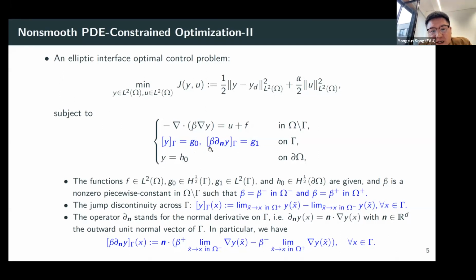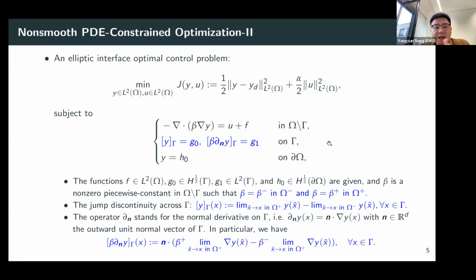We note here that if g0 and g1 are zeros, the solution is still non-smooth, because of the last line, the definition of the jump of normal derivatives. If g1 is 0, the normal derivative on different sides of the interface is still different. Sorry, there's a typo, there should be omega minus. So the solution is non-smooth.